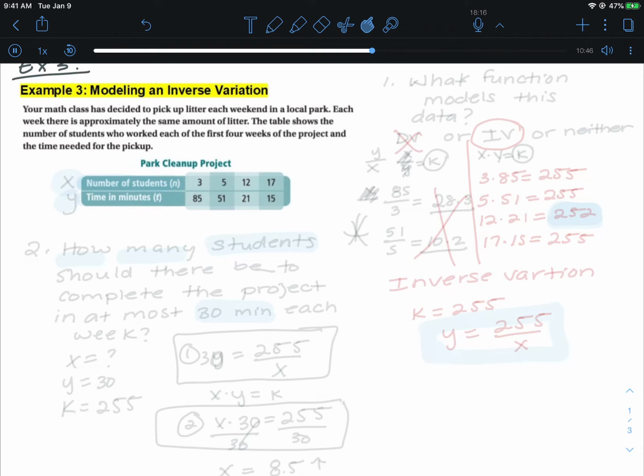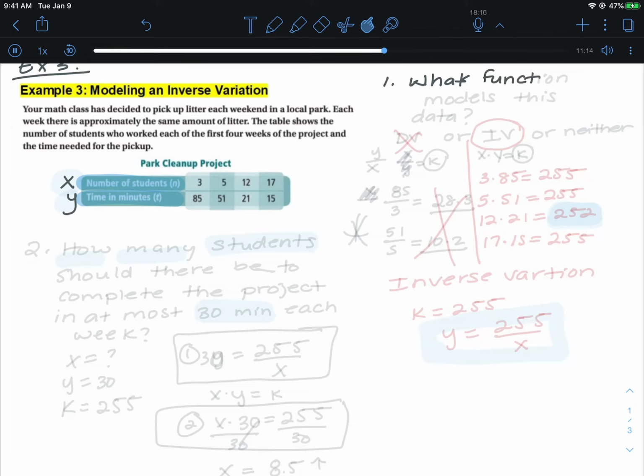We have this table telling us the number of students is N and the time in minutes is T. So I would assume N is probably going to be x and T is going to be y.